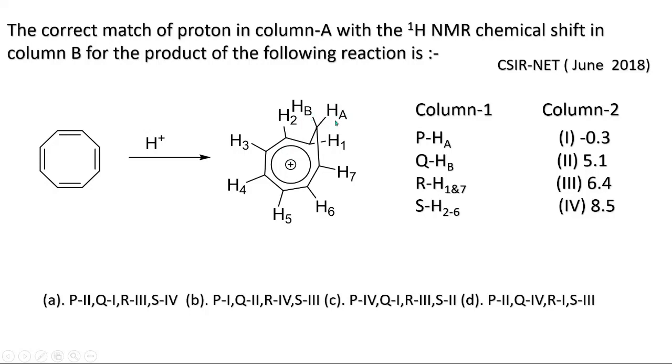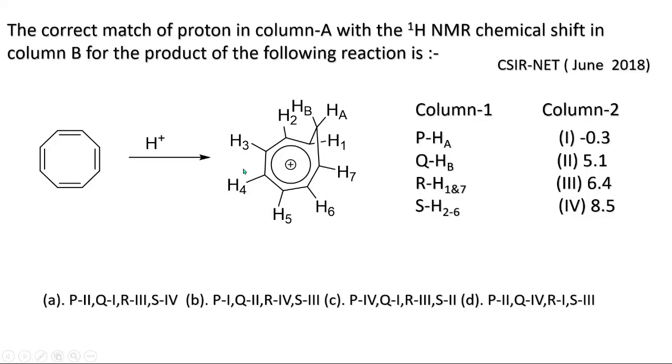And if you see HA, this is out of the plane, which you can see in this figure. It is sp3 hybridized and not influenced by the inner electrons or shielding region, that is, it is towards the de-shielding region, but not that much.